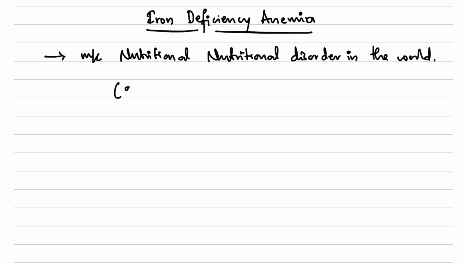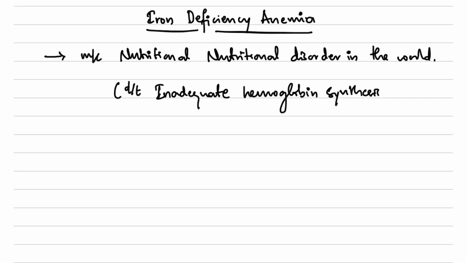It acts due to inadequate hemoglobin synthesis. When the hemoglobin synthesis is inadequate, it results in anemia, and that is due to the deficiency of iron, resulting in iron deficiency anemia.